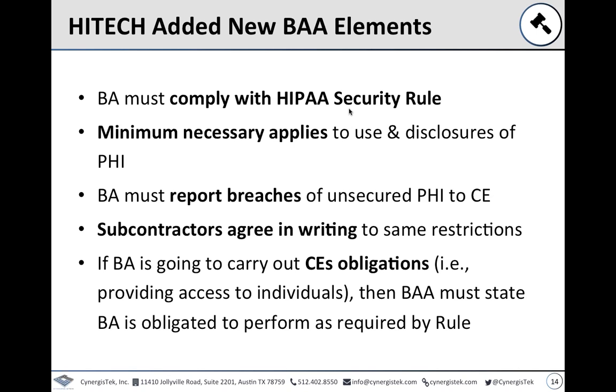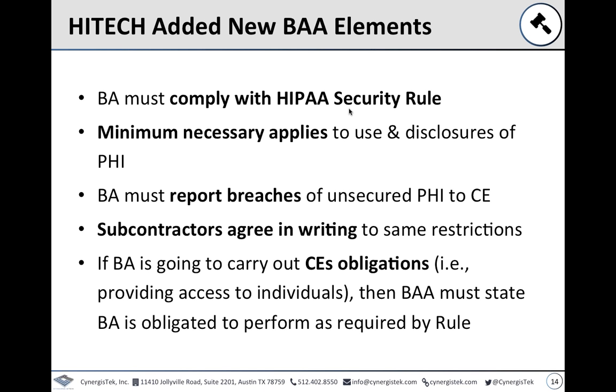Another important aspect is that if the business associate is going to carry out an obligation under the privacy rule, for example, individual rights of access, then this has to be stated in the business associate agreement so that the obligation is passed to the business associate.